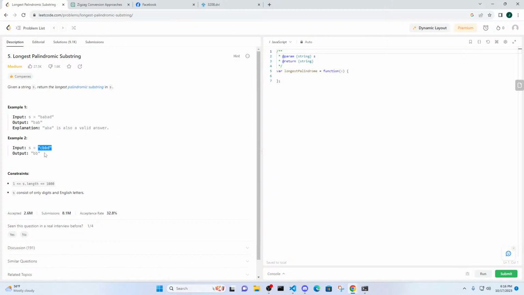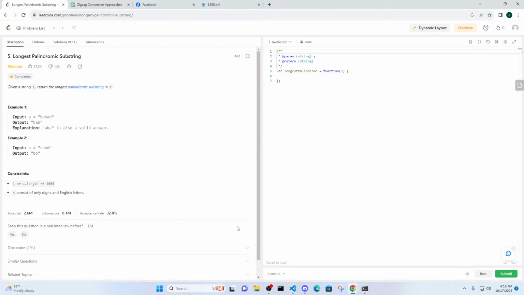In the second string, we have each independent character, and then we also have the 2 B's in the middle. The length of the string is going to be anywhere from 1 to 1,000, and S consists of only digits and English letters, so it's going to have numbers or letters.